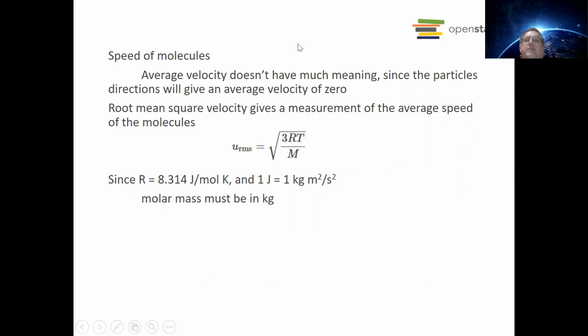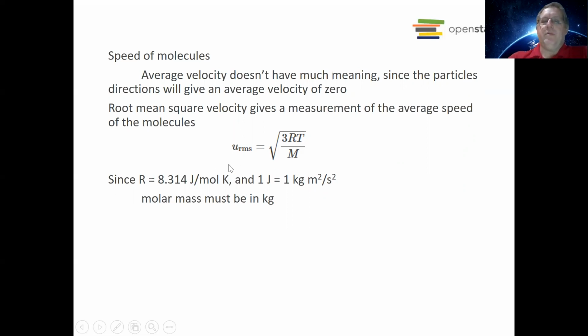Now, if I say, what is the average velocity of these molecules? It doesn't tell me a whole lot because there are some molecules going one direction and some going another direction. Overall, those directions are going to cancel out, giving us an average velocity of about 0. So instead, we take a root mean square velocity. Basically, you take the velocity, square it, take the average of all those squares, then take the square root of that.